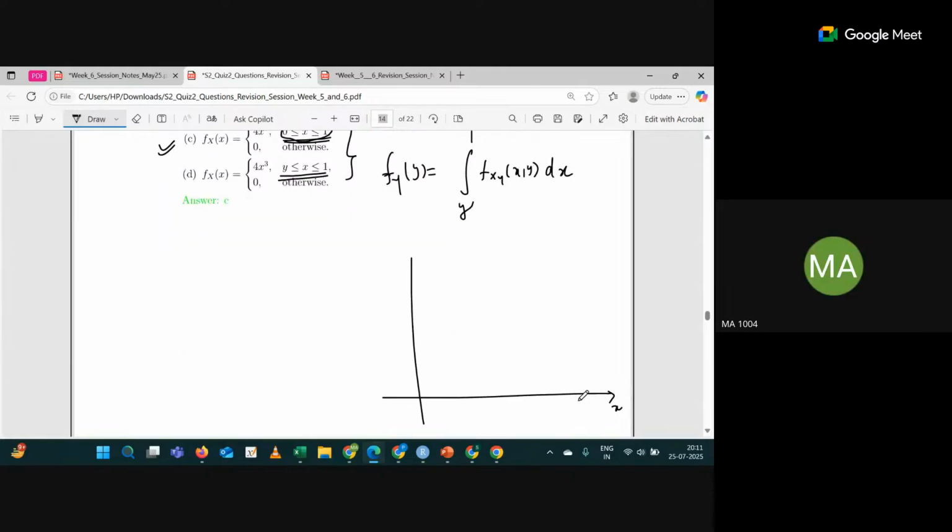Let me draw. So this is x, right? This will be a straight line actually. So this is 1.